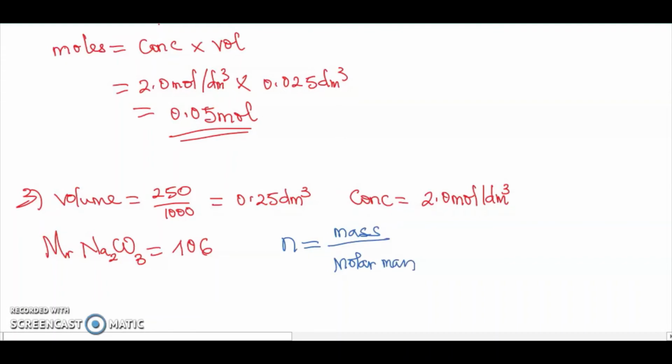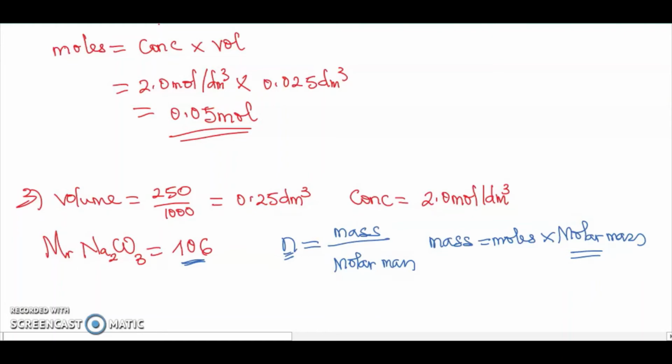So if we have number of moles, we can simply multiply it by molar mass. So mass is equal to moles multiplied by molar mass. Good. Do we have molar mass? Sure we do. This is the molar mass we calculated, the molar mass of sodium carbonate.